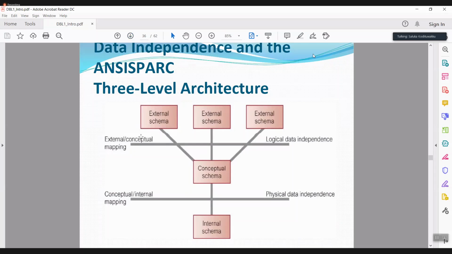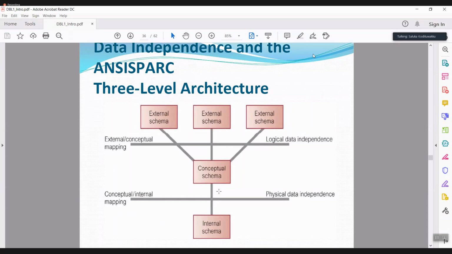Here you can see the three levels, and rather than user views, it says external schema: user view 1, user view 2, and likewise a collection of them. One conceptual schema is there, one internal schema is there. In addition, there are two mappings as I mentioned, the external-conceptual mapping and the conceptual-internal mapping.